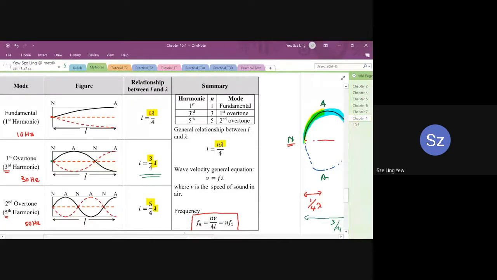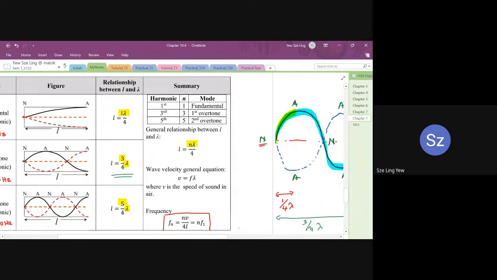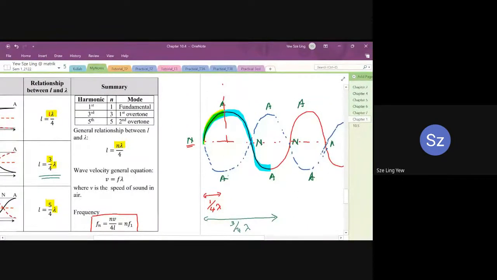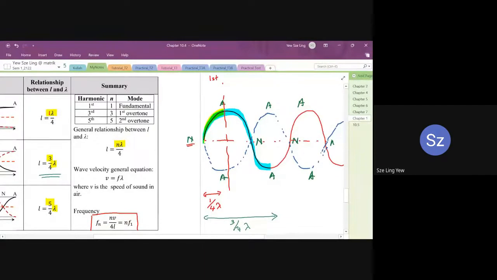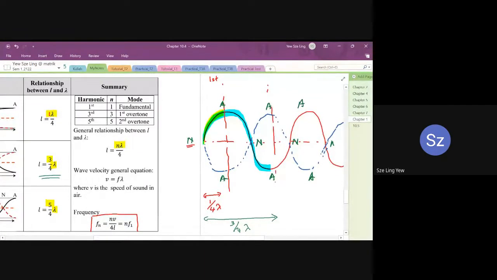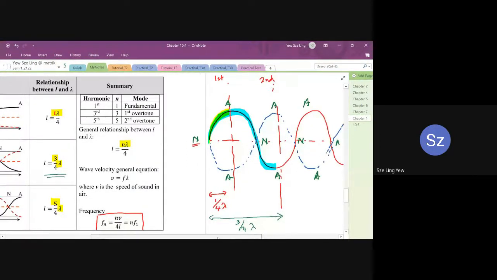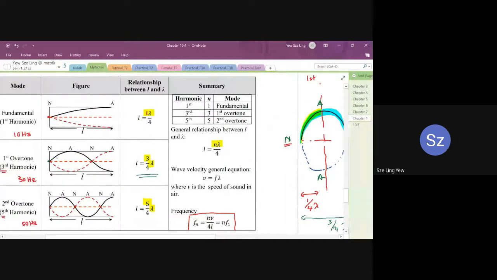If you're looking at the first harmonic, you look at the first time you can obtain a node and antinode in the diagram. You look at the second harmonic, so this is the first time, and we use it for the shape of the first harmonic. This is the second time where we can obtain a node and antinode. So this is the shape of the wave that you should put in the closed end pipe for the second harmonic.